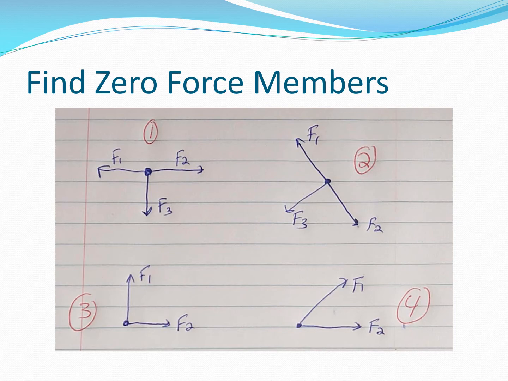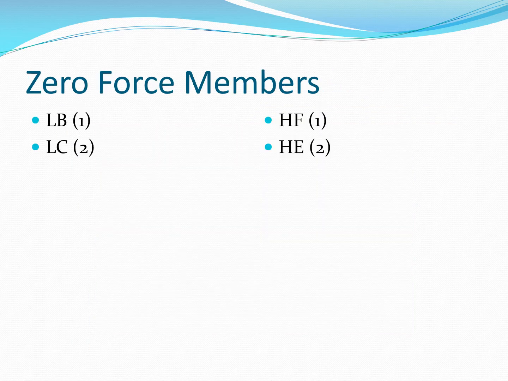In F2, there's only an X component. F1 has an X component and a Y component. There's no Y component to offset it, and the X component would actually be adding to F2 the way it's drawn. So again, they both have to be zero force members because that joint is in equilibrium.